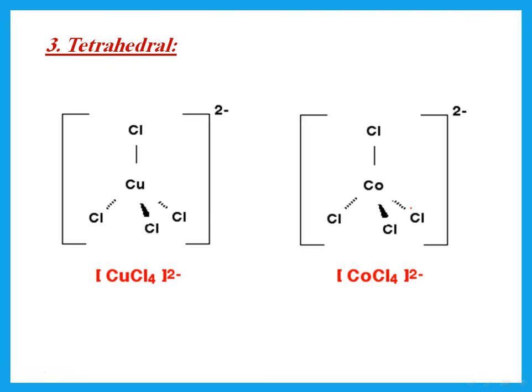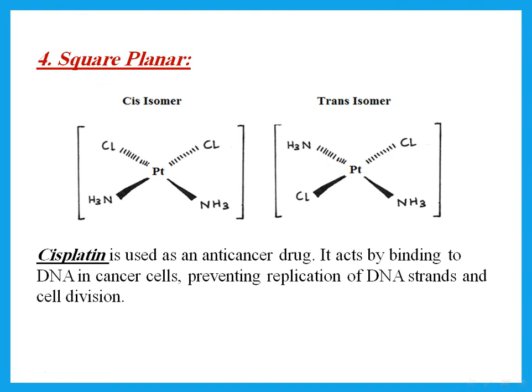So this is a tetrahedral structure. So copper with chloride ions or cobalt with chloride ions forms a tetrahedral structure. Some are square planar, so this has 4 dative bonds, but they are on a square planar structure.